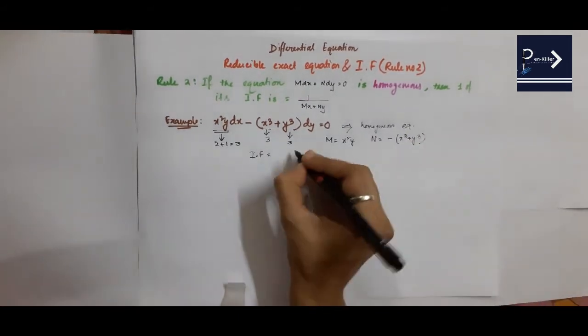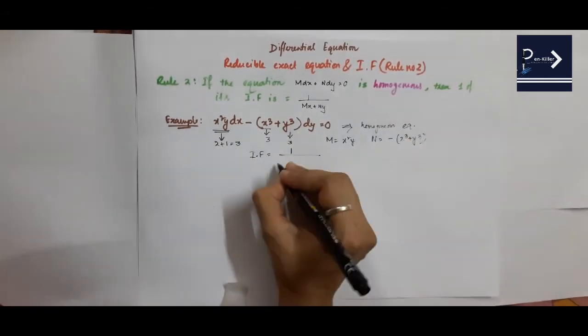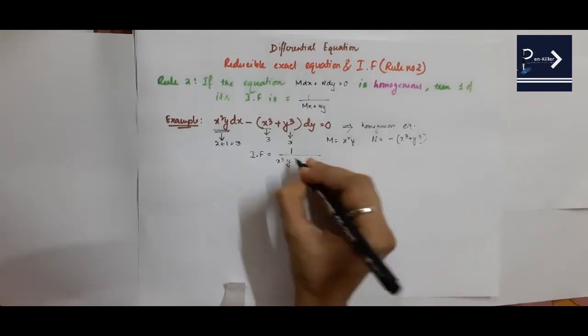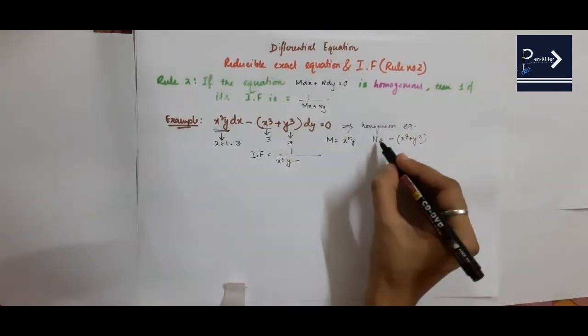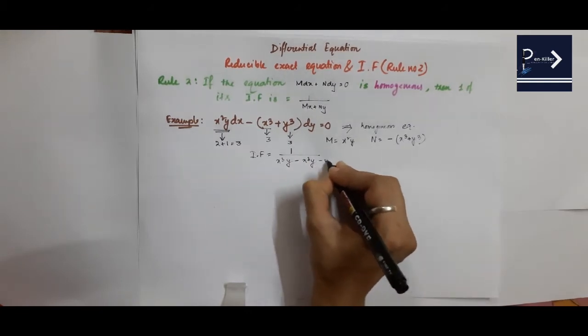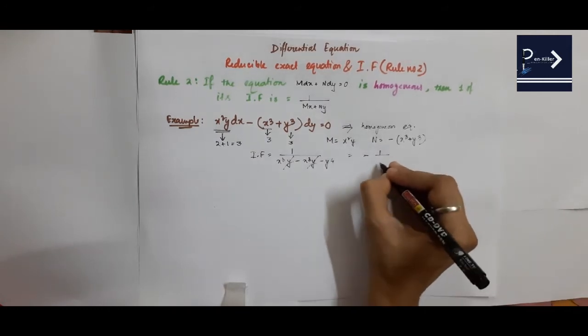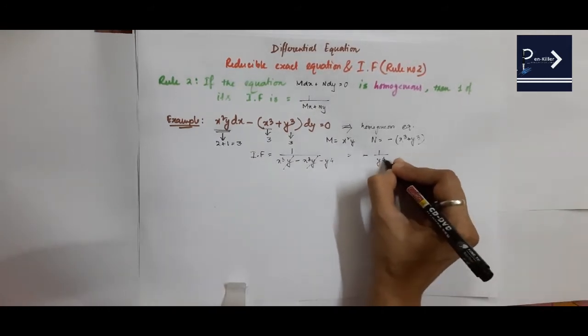So the IF involves Mx, that is M into x, which is x cube y, minus Ny, that is N and y, which gives minus y to the power 4.